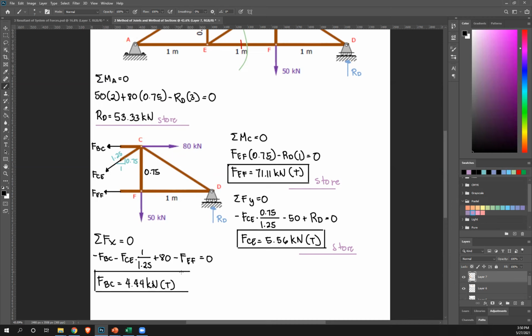Now, in the event that you get a negative answer, that just means your direction is incorrect, but your value is correct. Let's say I assume this to be compression. If I assume compression, I'm going to get a negative answer. Then you just have to note that it's not compression, it should be tension. That's all you have to do if it's negative.